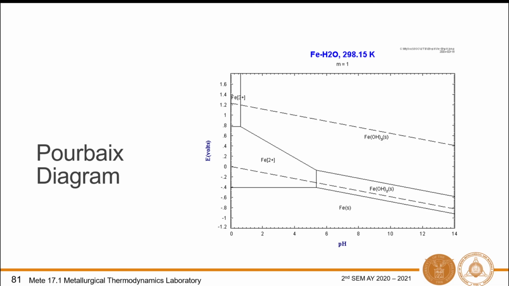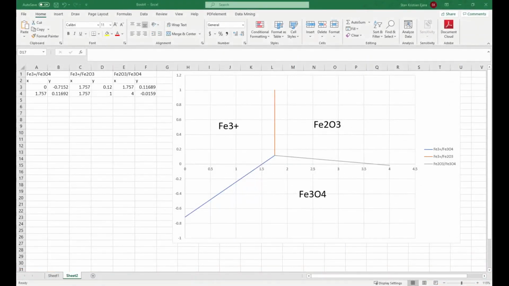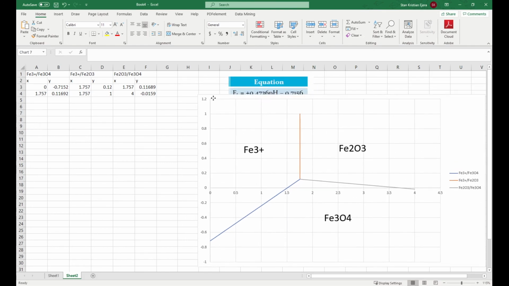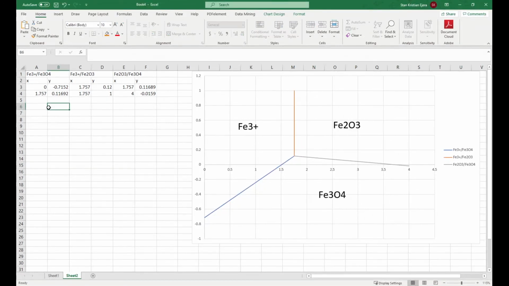Let's get back to Excel. Tapos, let's do another one dito, no? Sige, pwede ko naman ilagay na lang dito. So, water. Let's do yung H2, tapos yung H2O, XY and XY. Tapos, yung first na stability line natin is E is just equal to 0.0591 pH. Okay?